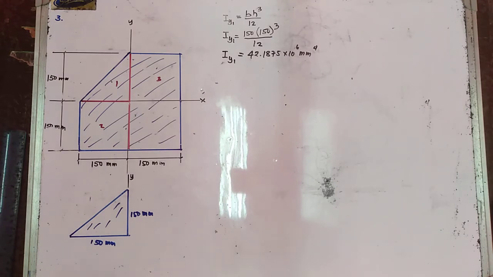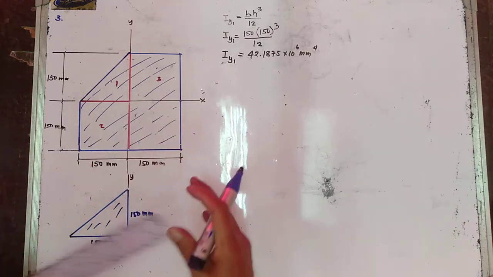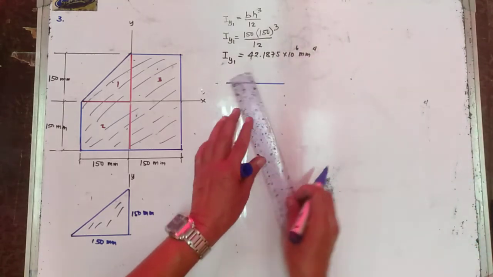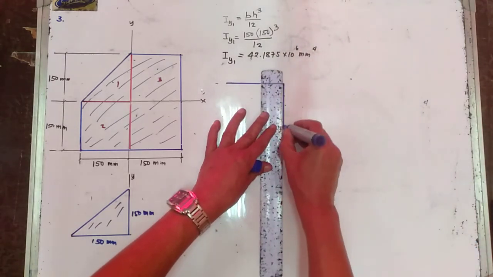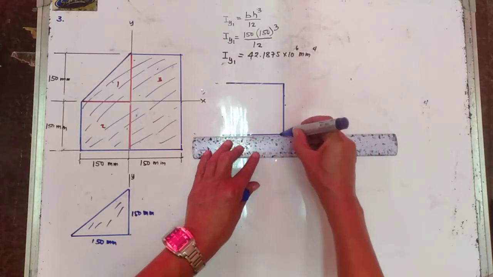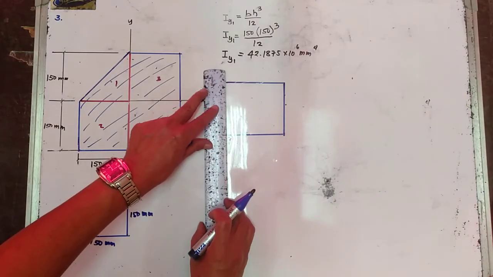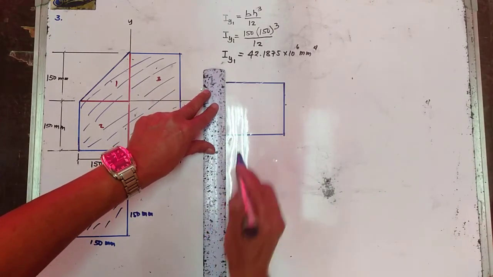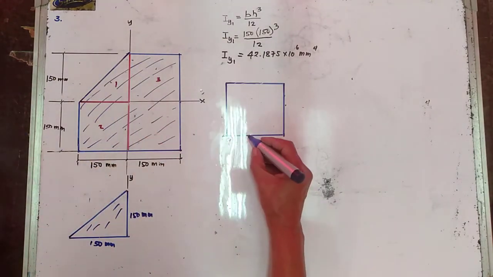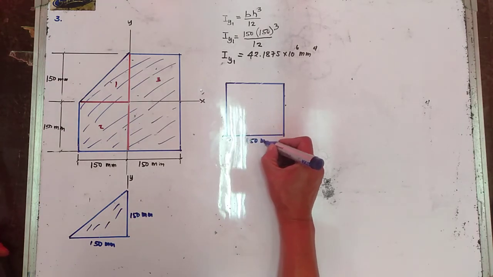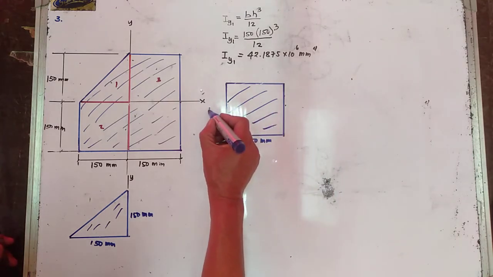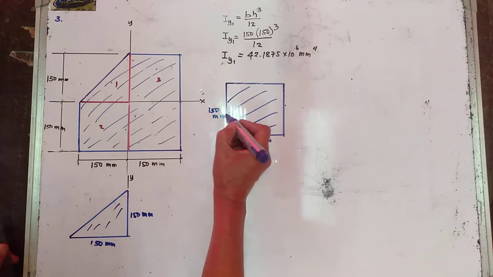Now, I am going to get the second area. So, this is now the second area. Again, we have 150 mm, and this one is 150 mm.